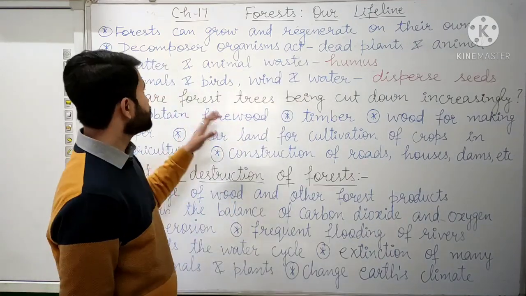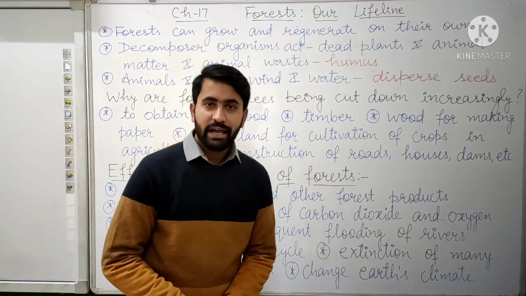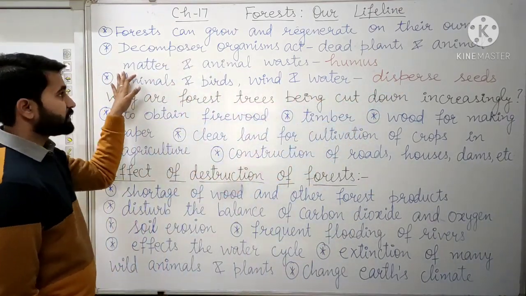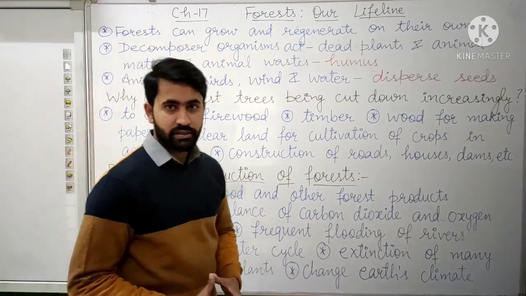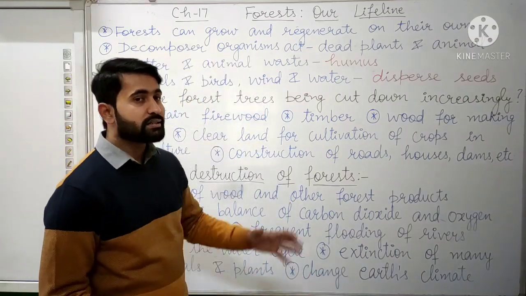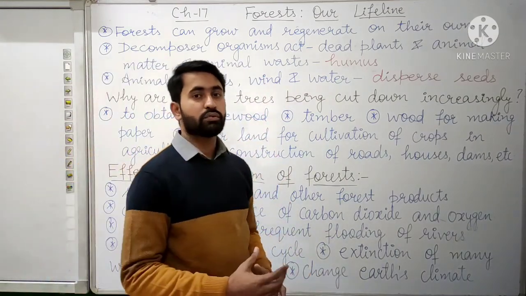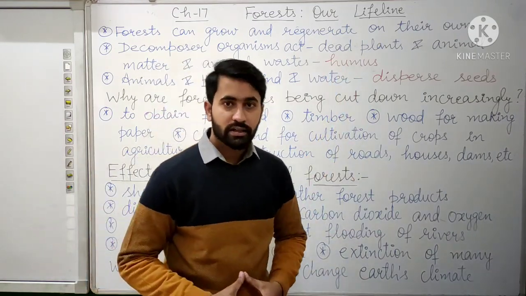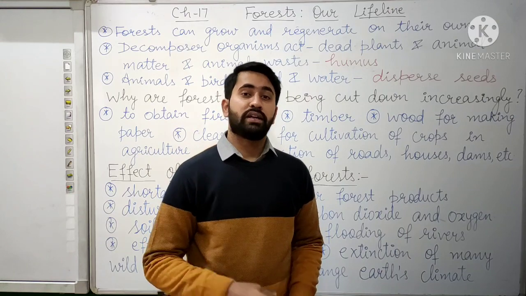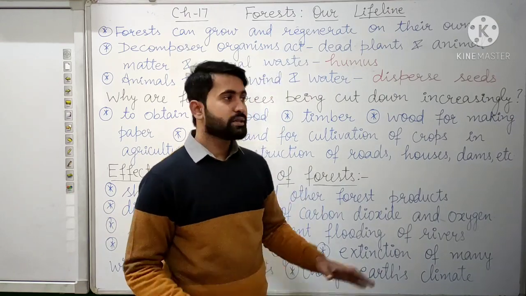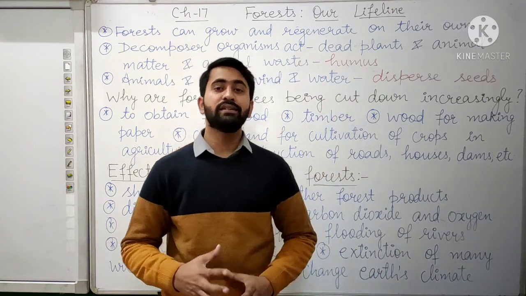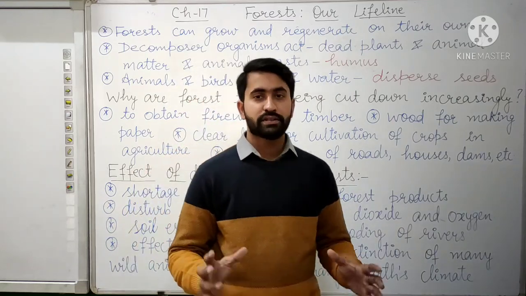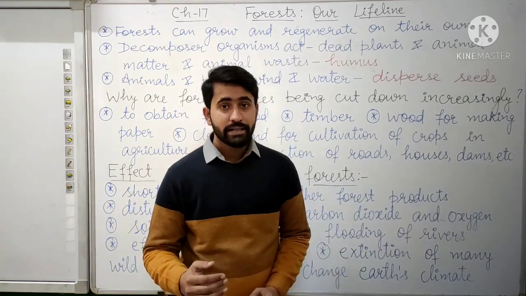The decomposer organisms act on the dead plant and animal matter and the animal waste, and convert all this waste into humus. Humus is a dark colored substance which contains nutrients. This humus gets mixed with the forest soil and makes it fertile.